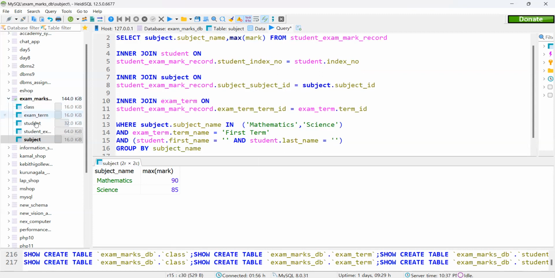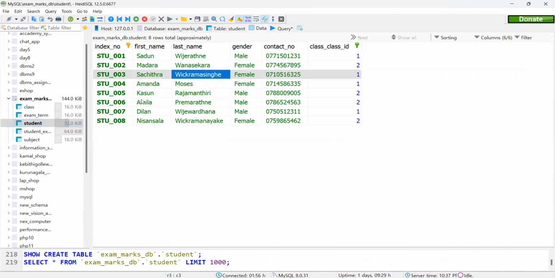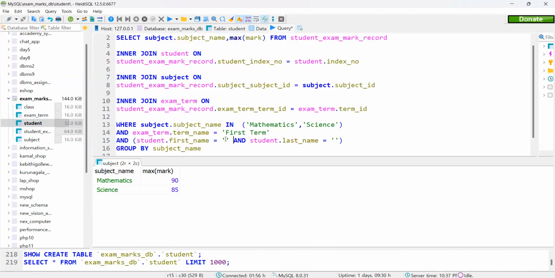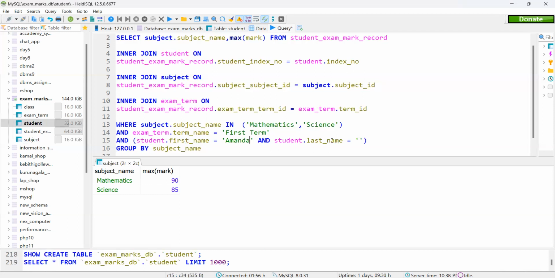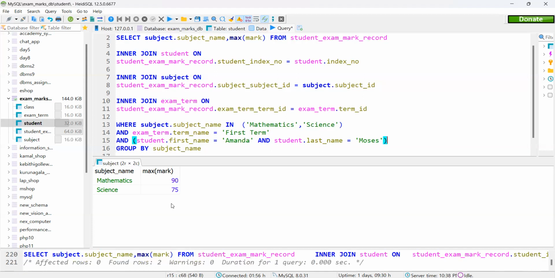Let's get our student name: Amanda, first name, last name, Moses. Then we execute, and we get that score about mathematics and science subject in the first term, maximum marks in the first term.